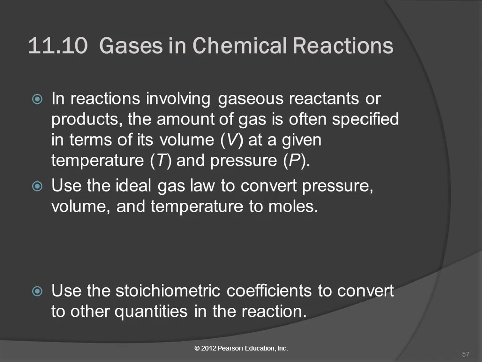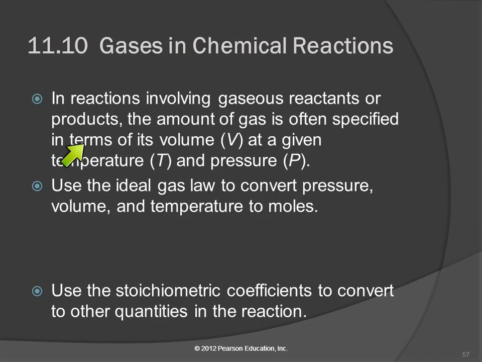We've been talking about gases and their behavior, and previously we talked about chemical reactions, and now we're going to bring those two ideas together. Some reactions involve reactants or products in the gas state, and so now that we've learned how to do gas law calculations, we can calculate the amount of gas that's present in these reactions.